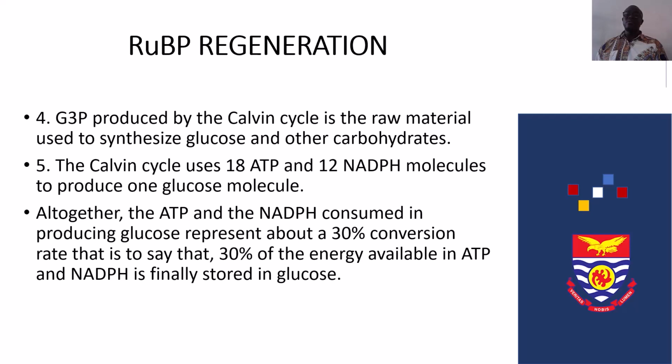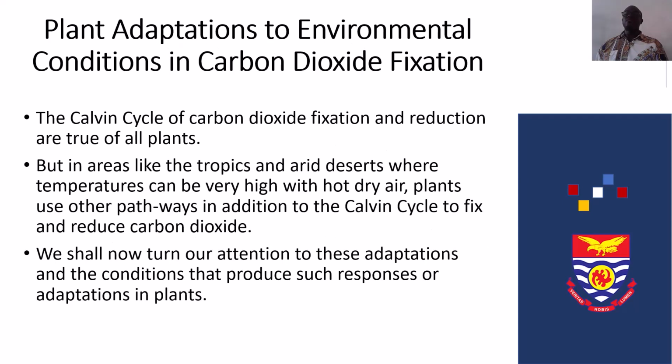The Calvin cycle uses 18 ATP and 12 NADPH molecules to produce 1 glucose molecule. Altogether, the ATP and the NADPH consumed in producing glucose represent about a 30% conversion rate. That is to say that 30% of the energy available in ATP and NADPH is finally stored in glucose.